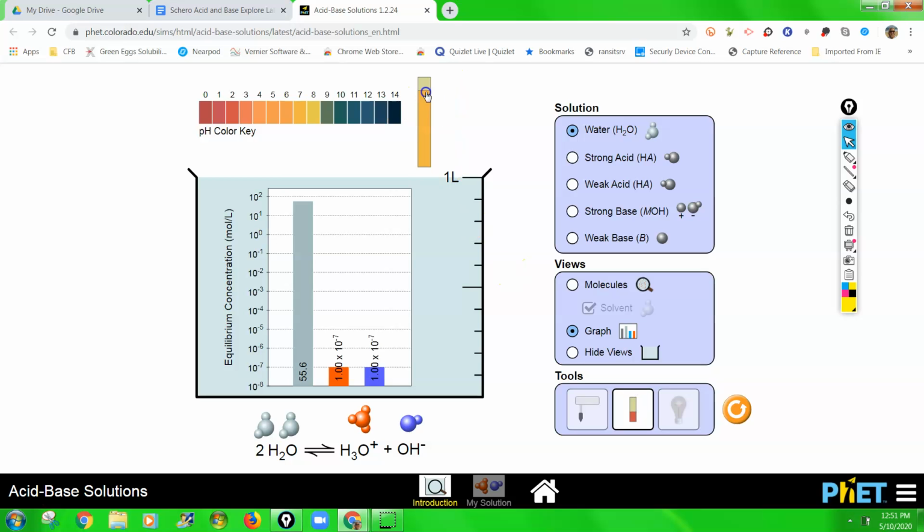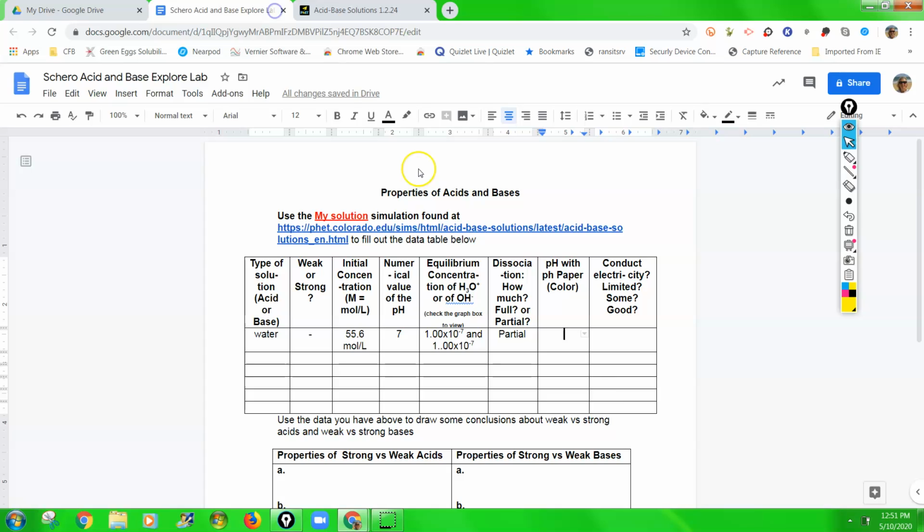The pH paper of this was yellow. And we are going to type in yellow. And we already did the numerical value of the pH, and now conductivity. Did it conduct electricity? And so we have to ask ourselves, was it limited, some, or good? And this one is limited. And so we've completed the first one.